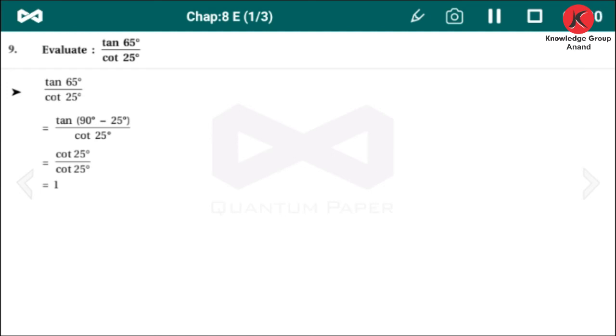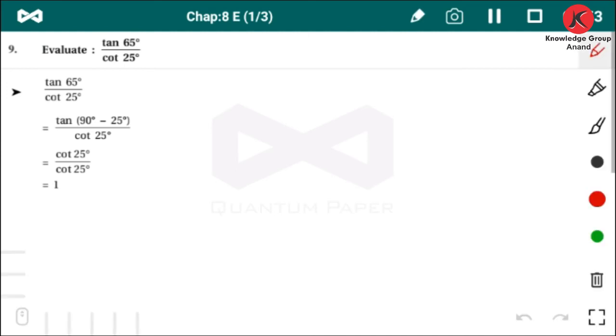When the sum of two angles is 90, they are called complementary angles. We write tan 90 minus 25, since 90 minus 25 is 65, upon cot 25.